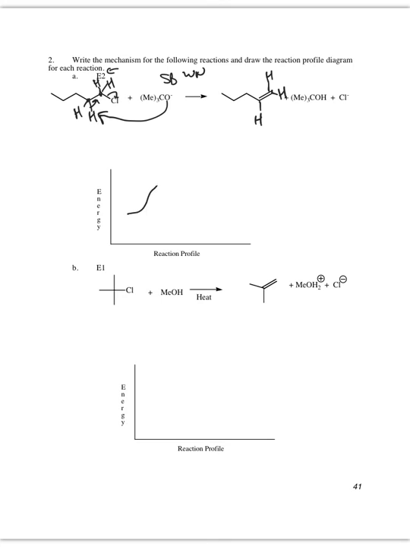So when we draw the reaction coordinate diagram, it's going to have one hump where the transition state happens to have the t-butoxide forming a bond to the hydrogen, while the hydrogen is breaking a bond to the carbon.